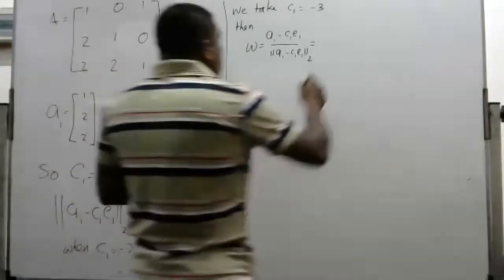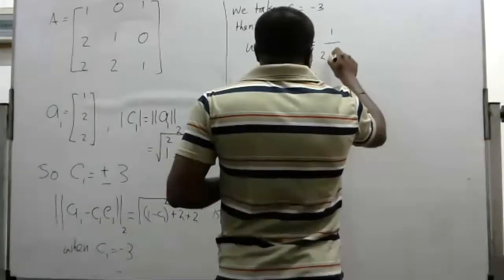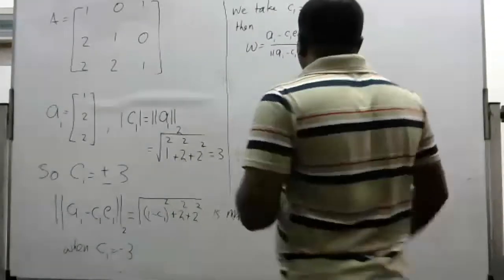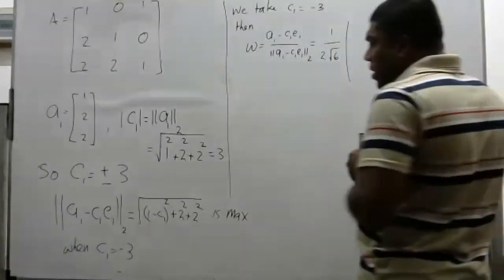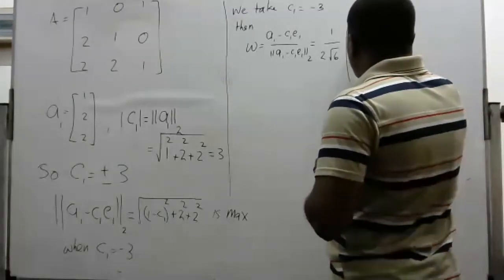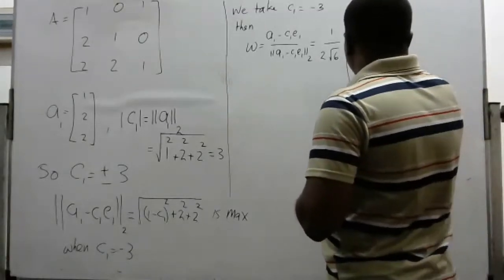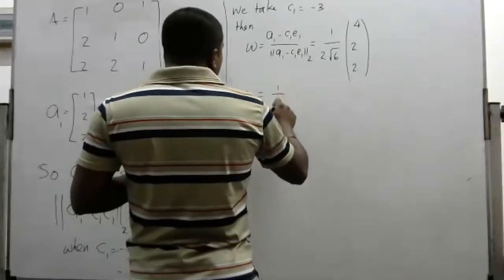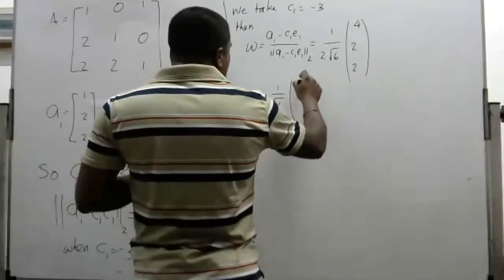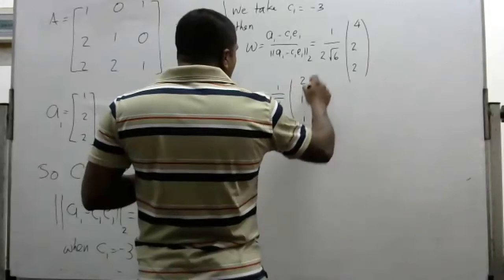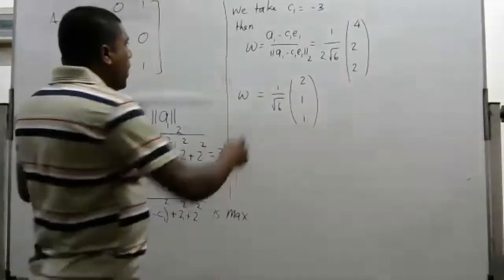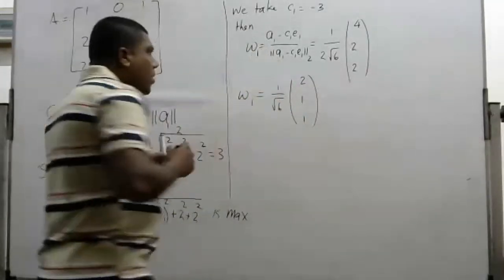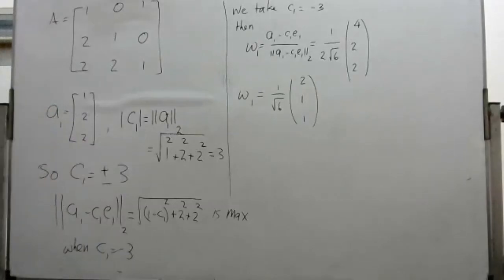So omega is 1 over 2 square root of 6 times (4, 2, 2), which is 1 over square root of 6 times (2, 1, 1). This will be your omega 1. Remember, the first step is to find omega 1.